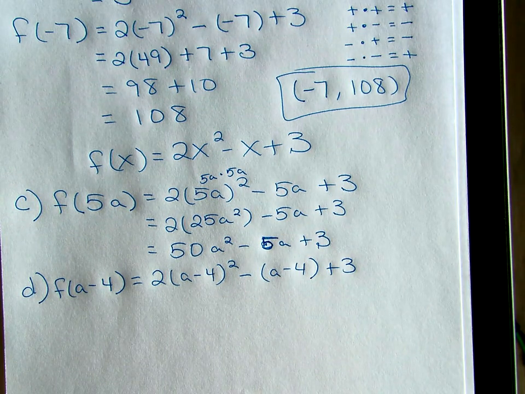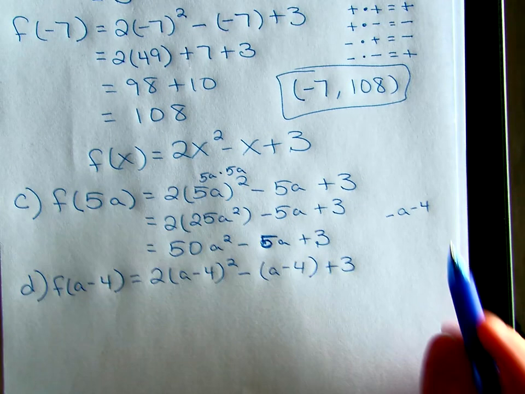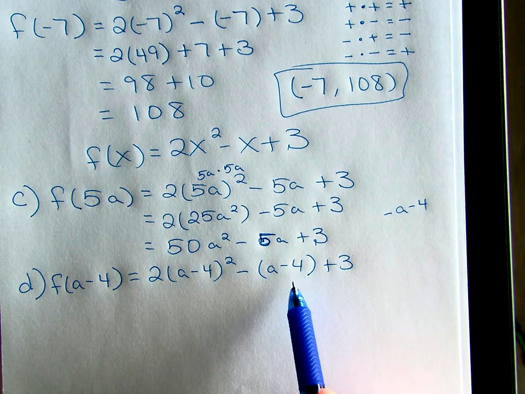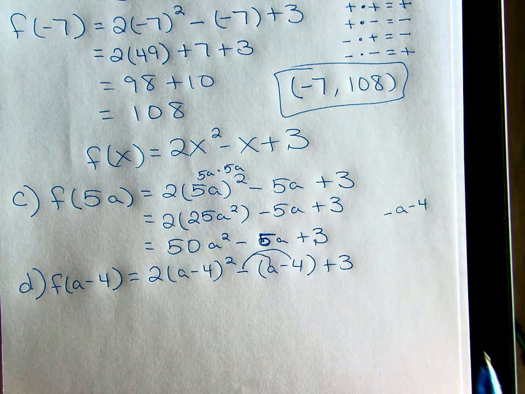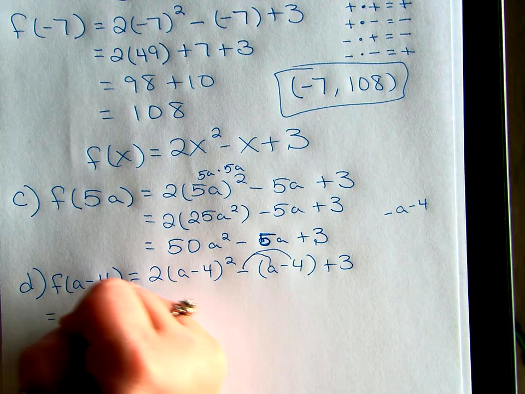Because if I don't, then what I'm likely to do is say minus a minus 4, and that is wrong. I put that a minus 4 in parentheses so that I remember that this negative applies to the a and to that negative 4. That's called distribution. And I'm going to split my a minus 4 squared in that first bit.